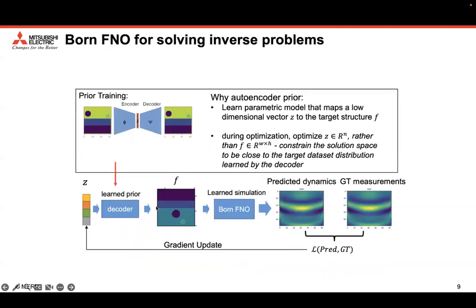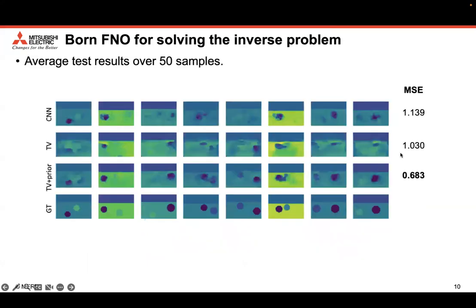So we set our computational framework so that we solve for the latent space variables Z, as I said, by incorporating the decoder component of the autoencoder. By solving for Z, we restrict the search space for the target permittivity distribution, and as a result, we reduce the ill-posedness of the problem itself.